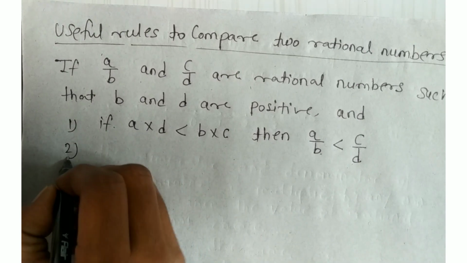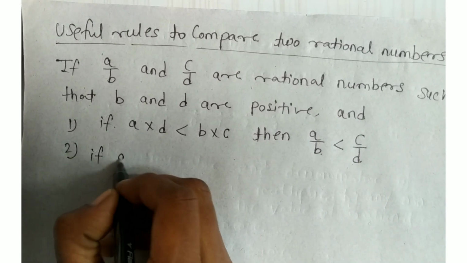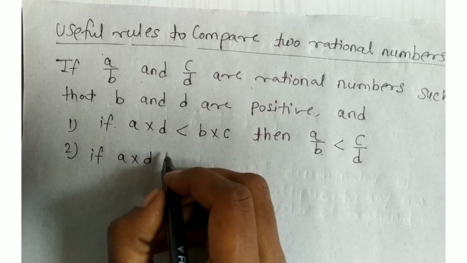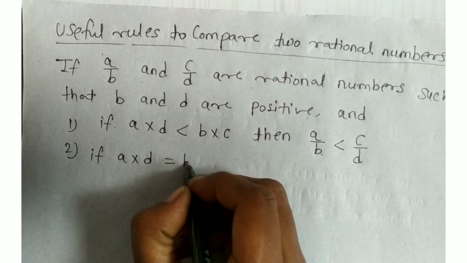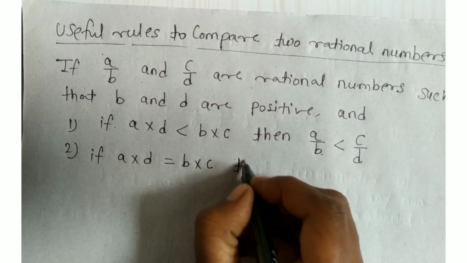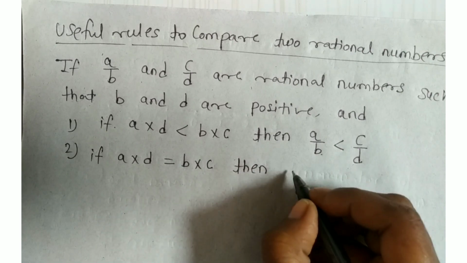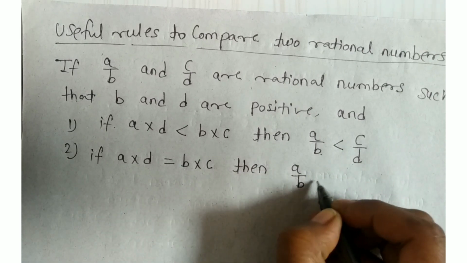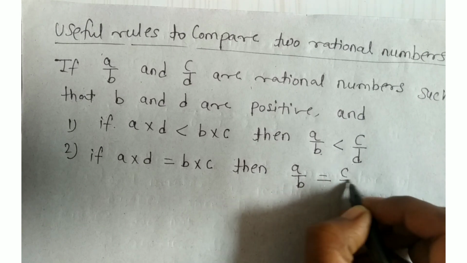Second one, if a into d is equal to b into c, then a upon b is equal to c upon d.